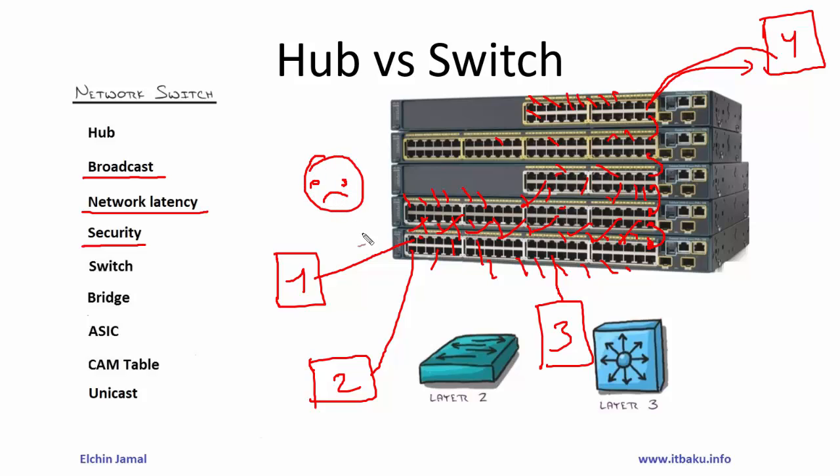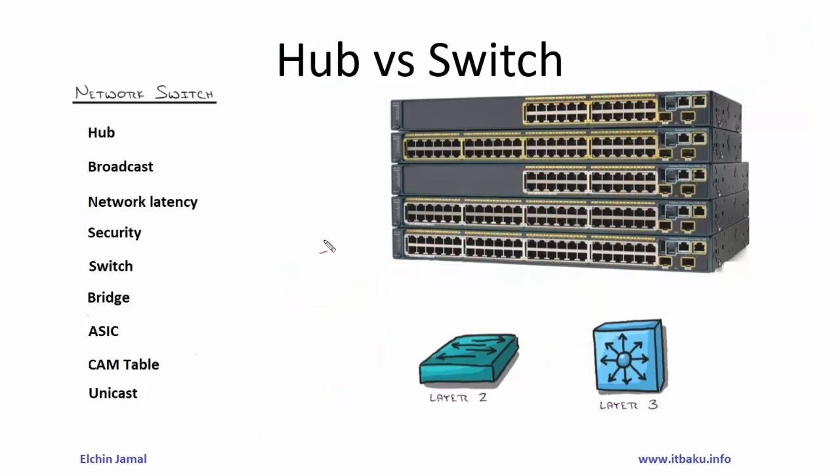He's connected to this hub, and he can see all the information computers send to each other, because this information goes out from all the ports, and this person can catch it and use it. So it's not good. Nowadays we don't use hubs anymore. We use smart devices called switches.